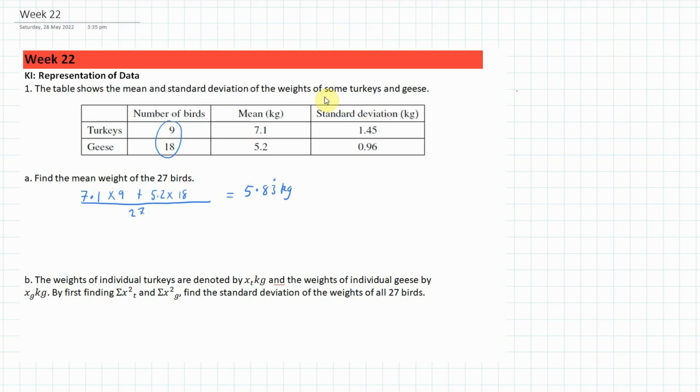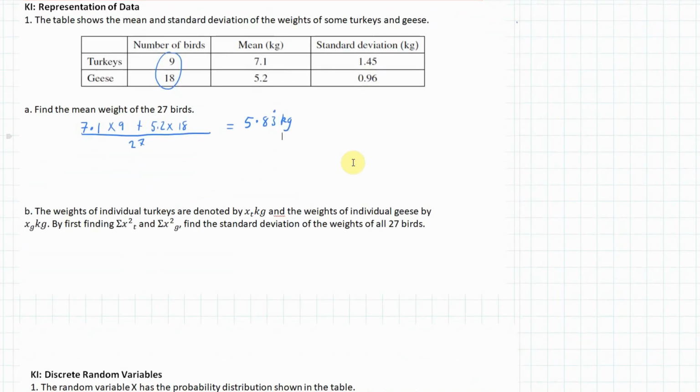The weights of the individual turkeys are denoted by xt kg, and the weights of the individual geese by xg kg. By first finding the sum of x squared t and the sum of x squared g, find the standard deviation of the weights of all 27 birds. Okay, so first of all, we're going to find the sum of x squared t, and we do that by putting it over the number of turkeys that we have, and then subtracting the mean weight of the turkeys squared, and we happen to know that that is equal to our standard deviation squared.